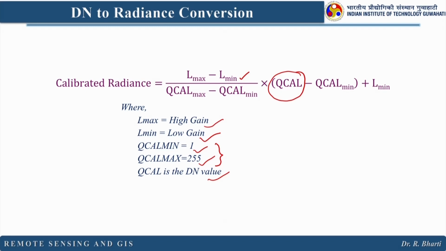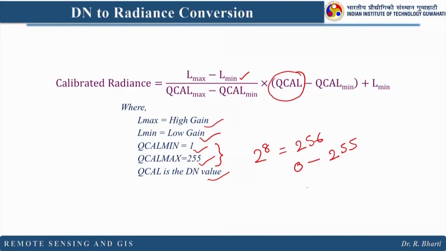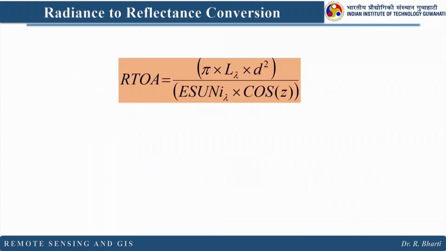So when you have 8-bit data, that means 256, so the range will be 0 to 255, or 1 to 256, right. Now for this radiance to reflectance conversion, you have this formula where it is written RTOA, right.